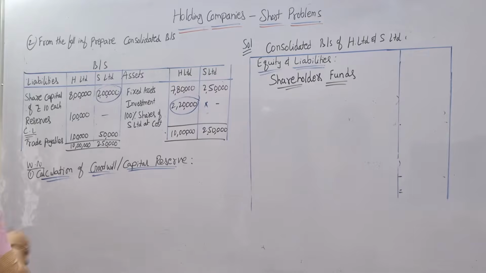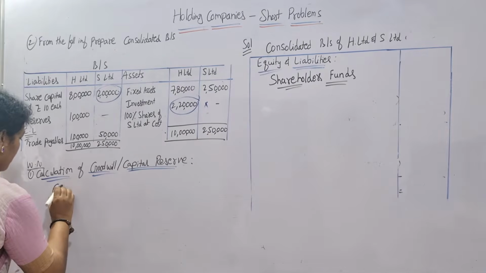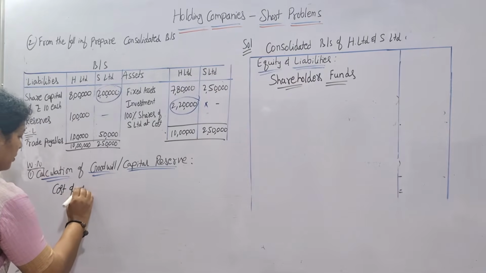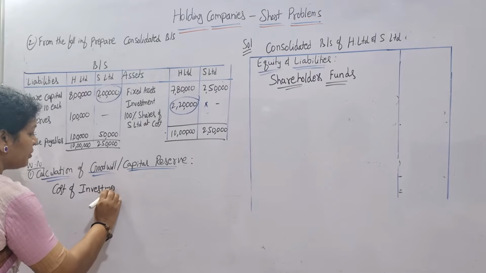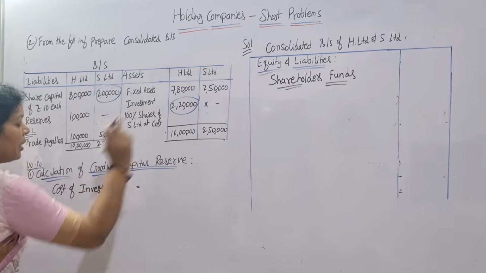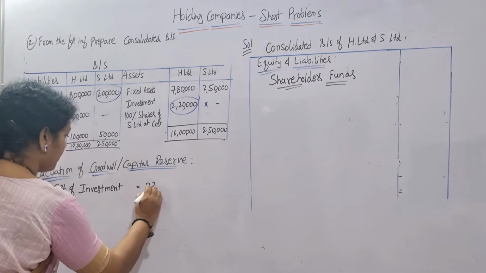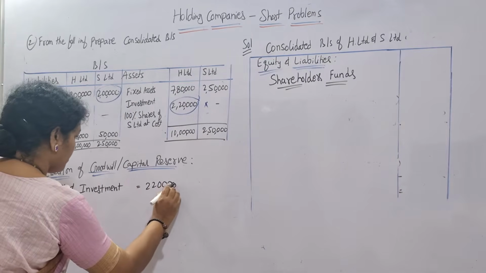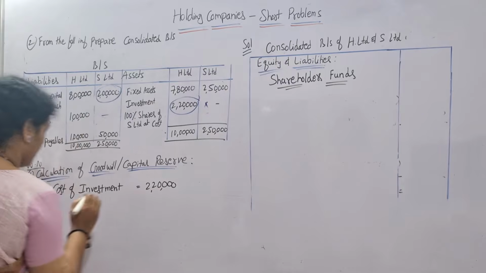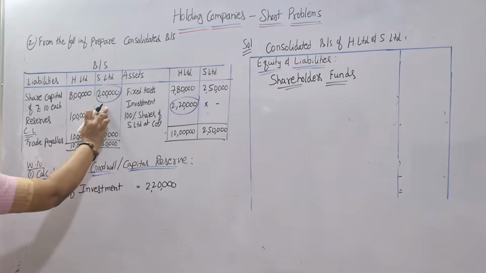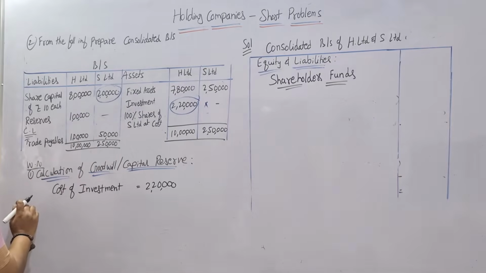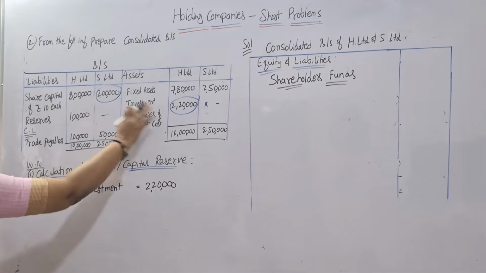We'll take cost of investment, 2,20,000, minus paid up share capital.